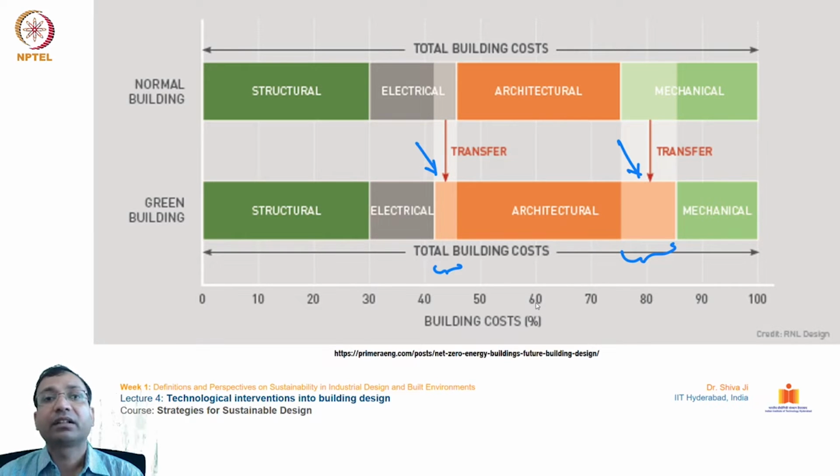So for any investor or financier who is putting in wealth for the construction of a building, going from normal to green, she is observing a 15% benefit. That benefit in monetary terms is huge. 15% is a very good cut. So the building costs can be reduced by going for green design principles, as given in this table.